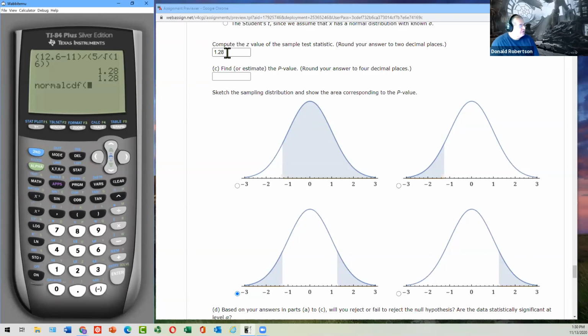In this case, since it's a positive number, I'm going to look for bigger than 1.28, comma 0, comma 1. And now I'm going to hit that number. Agreed?